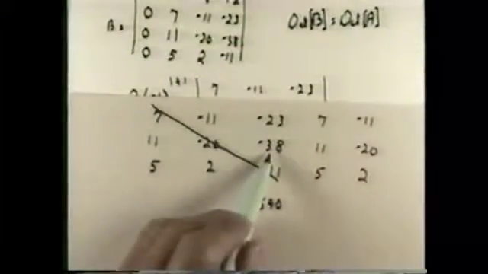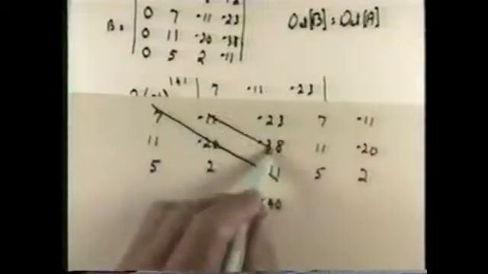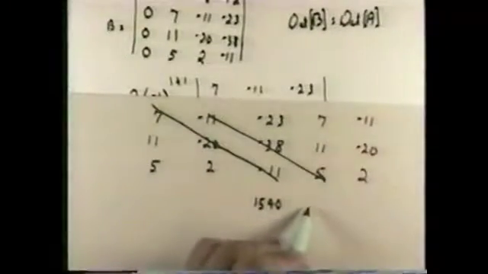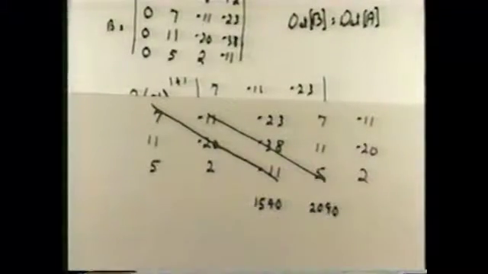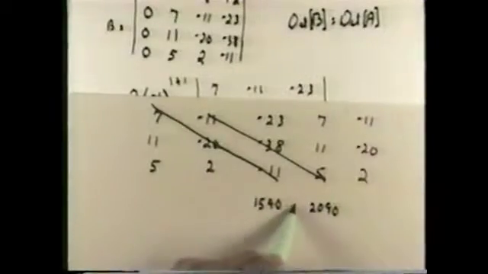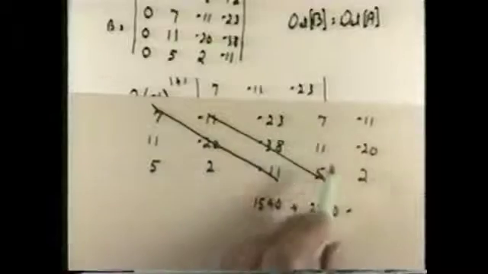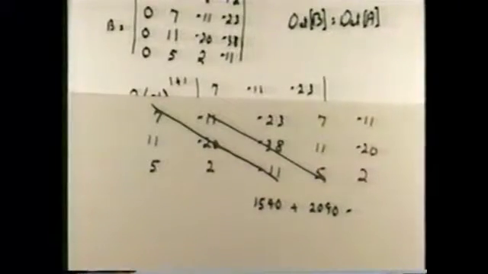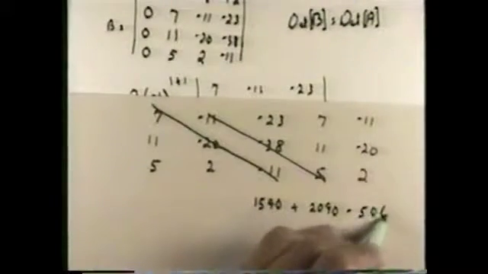Then a negative times negative is positive. So this is going to be 11 times 38 times 5, which gives me 2090. And then this one is negative 23 times 11 times 2, so negative 506.